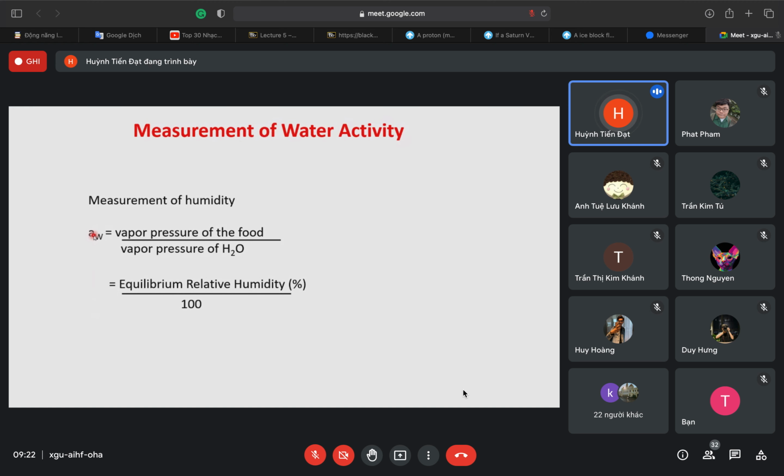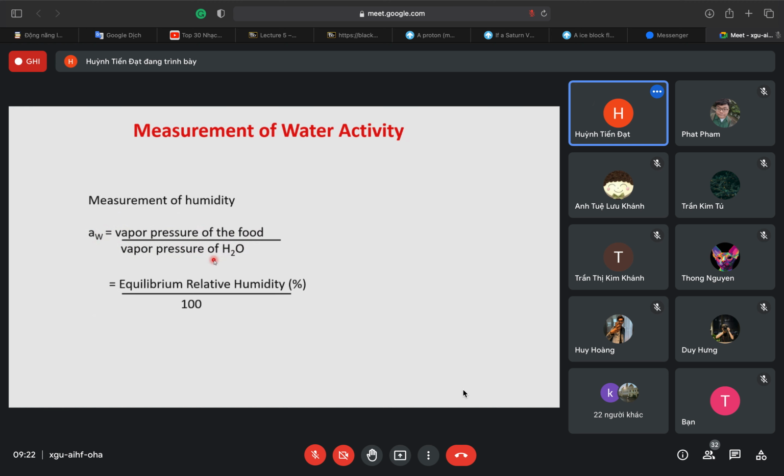Another method we can use to quantify water activity is the measurement of humidity. The water activity equals the vapor pressure in the food divided by the vapor pressure of pure water. So you need to measure how much vapor is generated by the food and divide by that of pure water.